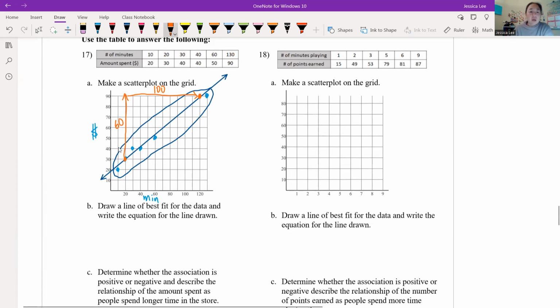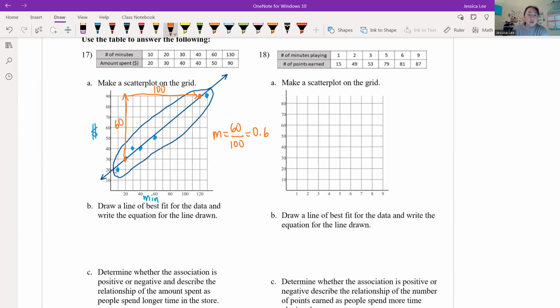Okay, so now my slope is going to be rise over run, so 60 over 100, right? If you use a calculator, you can calculate that out. It's going to be 0.6. Or you can just put 6 over 10 or 60 over 100. Either way is fine. I'm just going to put 0.6.